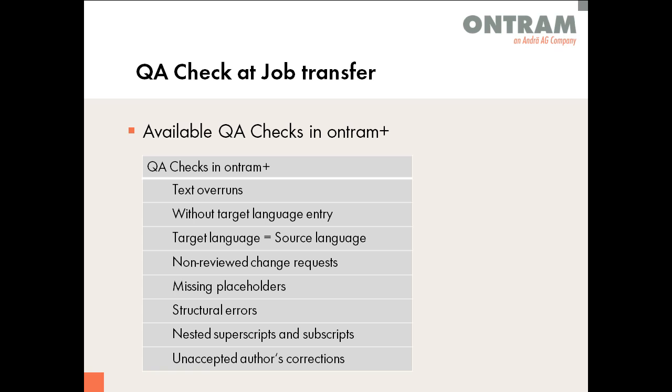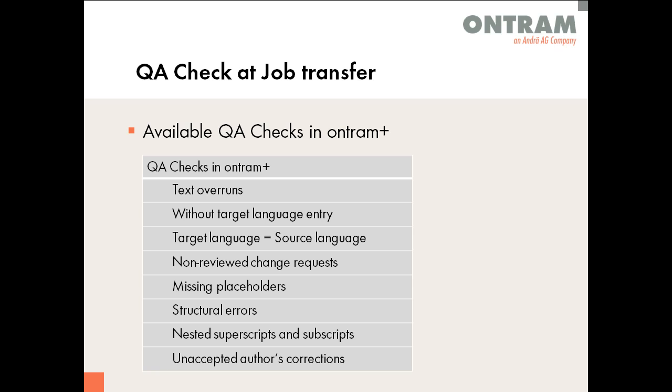The missing placeholders QA check checks whether the target language segment also contains the placeholders of the source language segment, and if those placeholders appear in the same sequence. Structural errors are highlighted if placeholders are nested incorrectly in the target language segment.